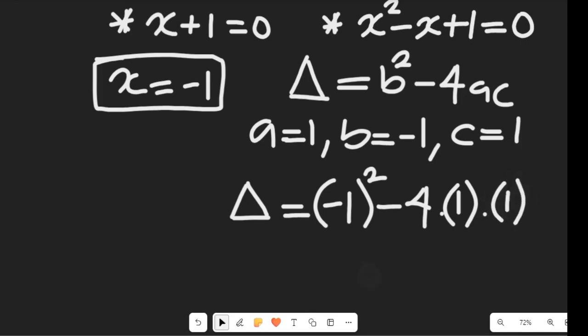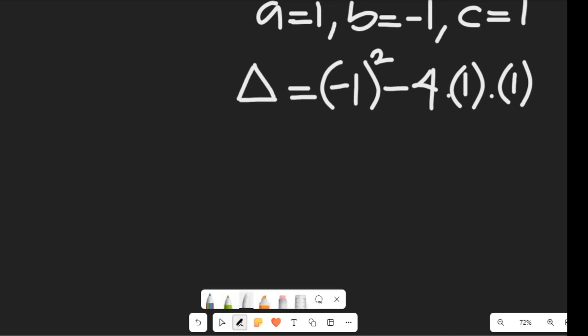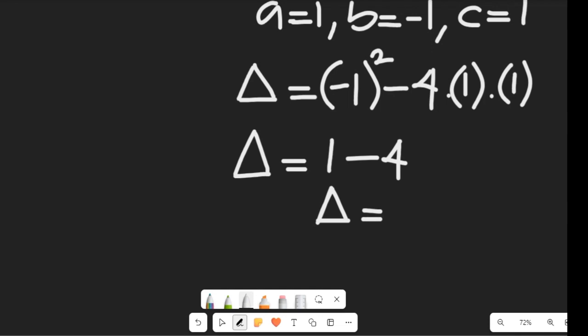If we simplify this, we're going to have the discriminant equal to 1 squared, which gives us 1, minus 4 times 1 times 1, which gives us 4. So the discriminant will be equal to 1 minus 4, which is negative 3, which is less than 0.